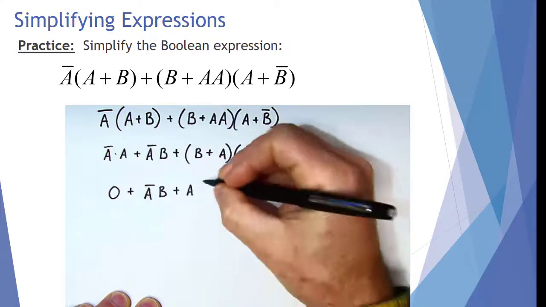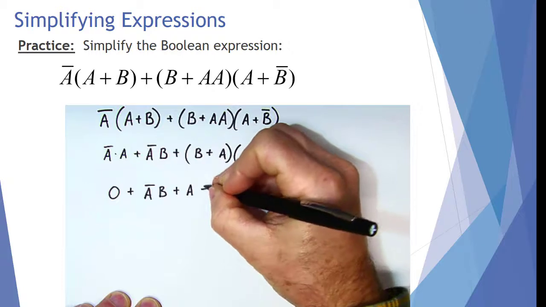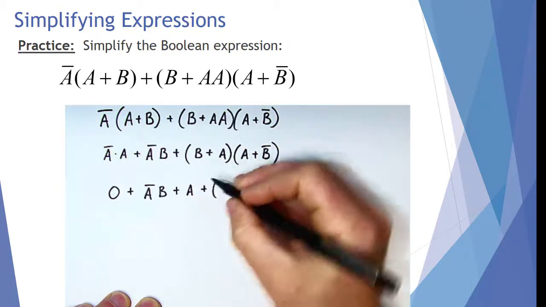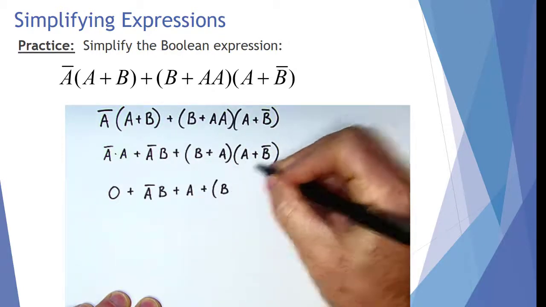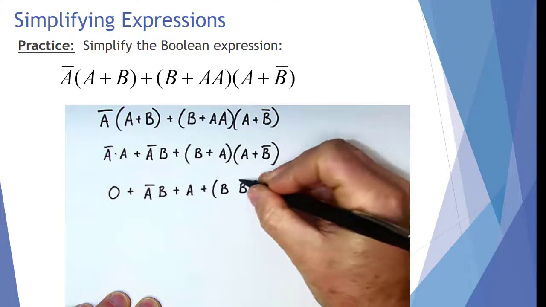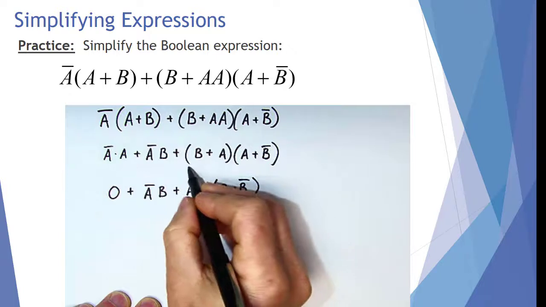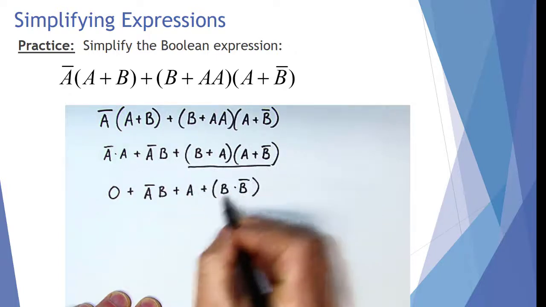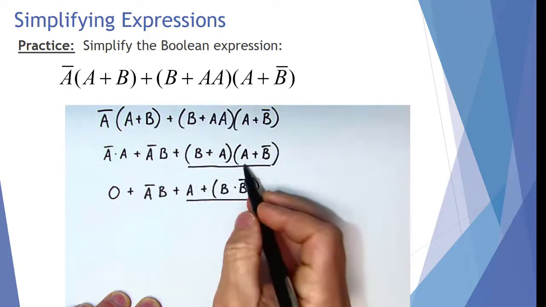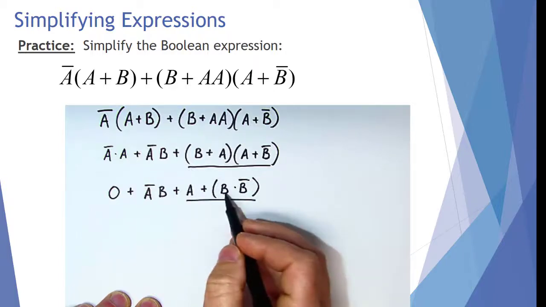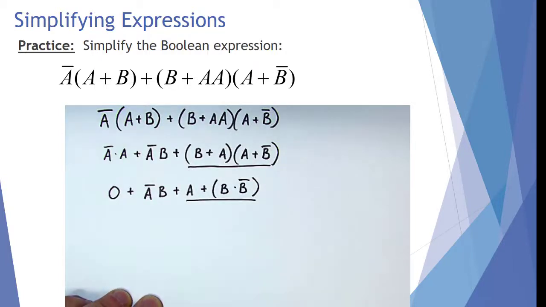But A was added to both, so we're going to have A plus. And what's left behind here is a B and the negation of B. And those two are multiplied together. And so this part of the expression right here becomes that. A comes out, it's added to the product of the two that are left.